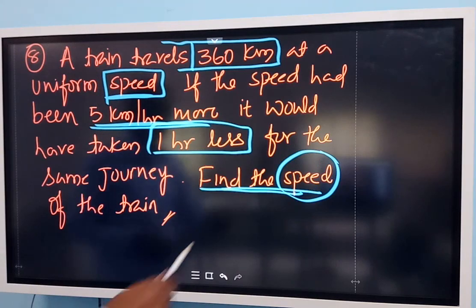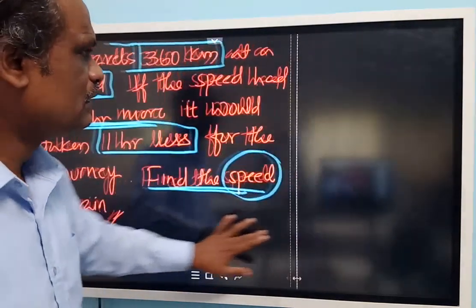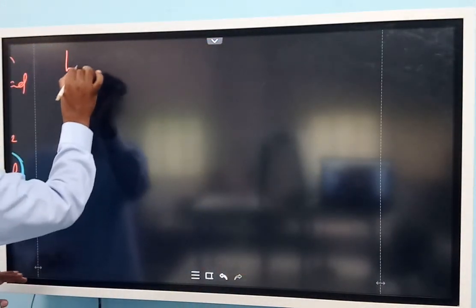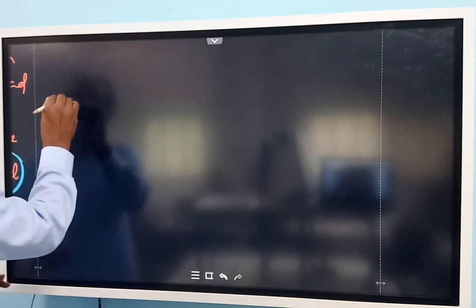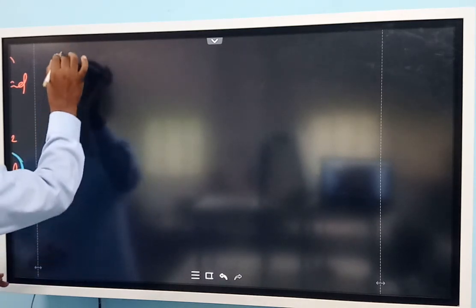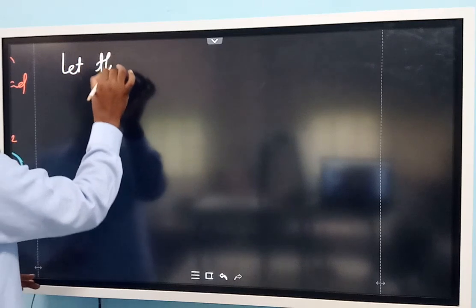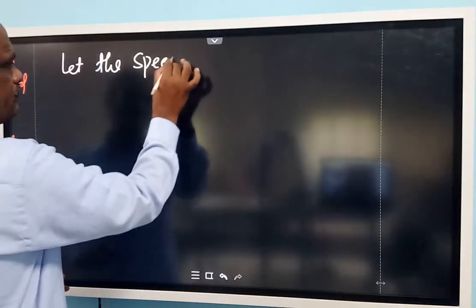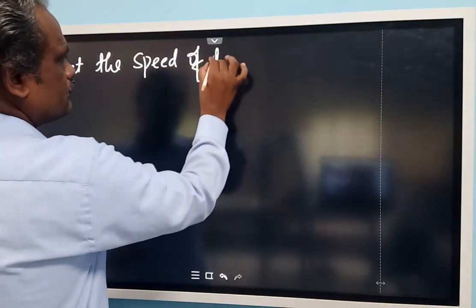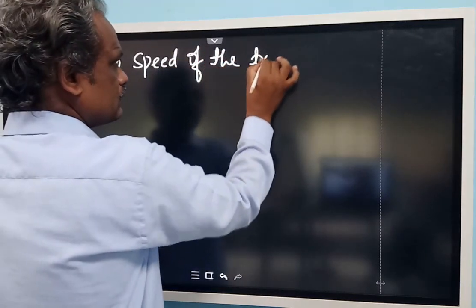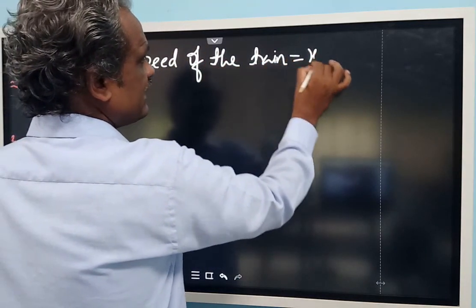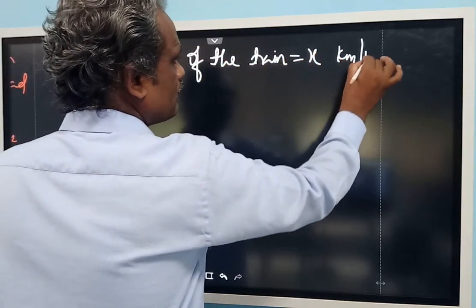So let us take the speed of the train as some variable. Let the speed of the train be x km per hour.